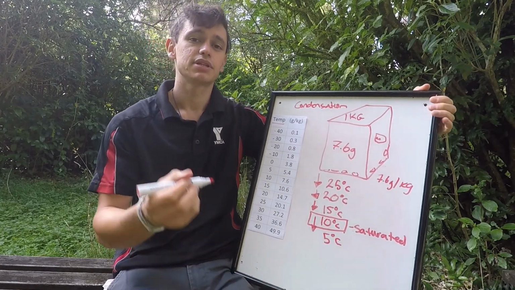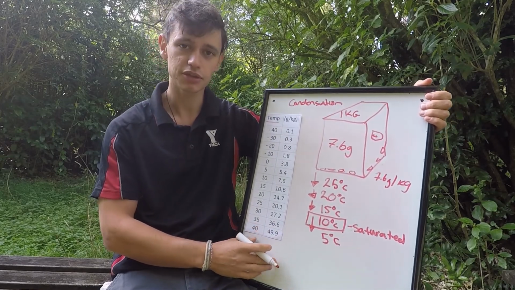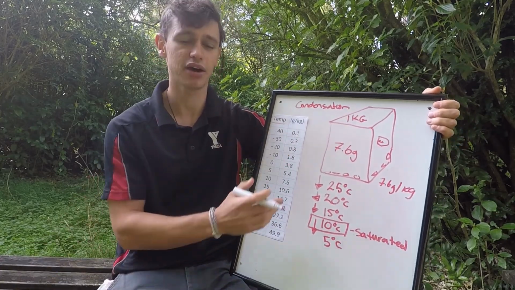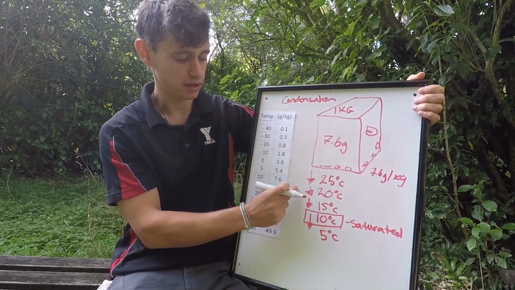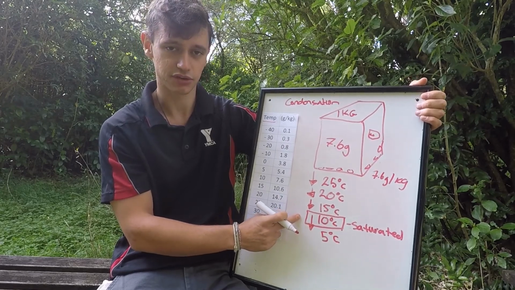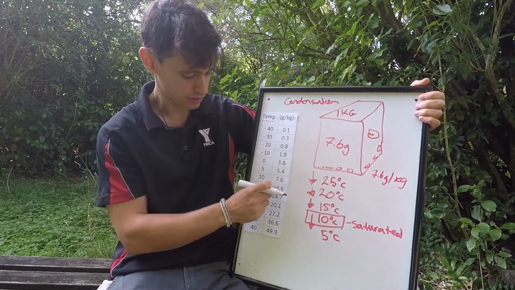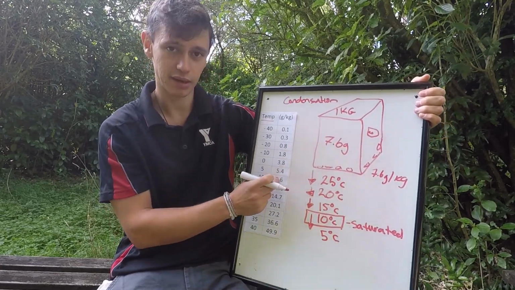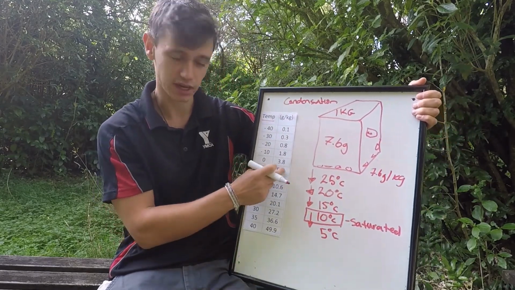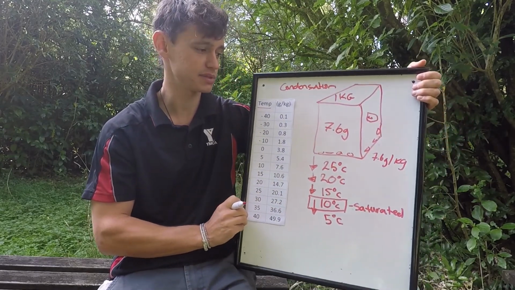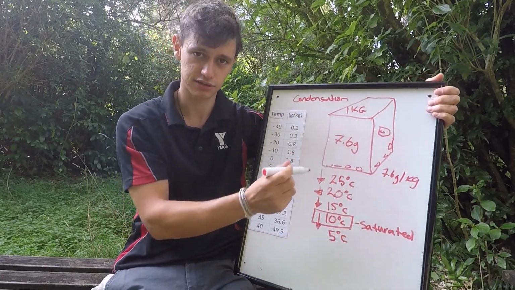At night, sometimes, doesn't happen all the time, but sometimes the terrestrial radiation can escape enough that the air temperature cools down below the point that the air is saturated. So it gets to a point where the air is saturated, so it's holding the maximum amount of water content that it can possibly hold, and if it cools below that, some of that water content has to come out because it can't hold any more, and it comes out as little water droplets, which is not rain, it sticks to things.